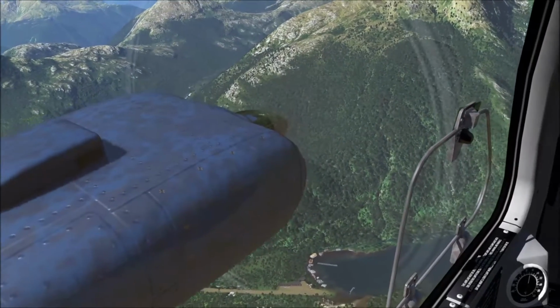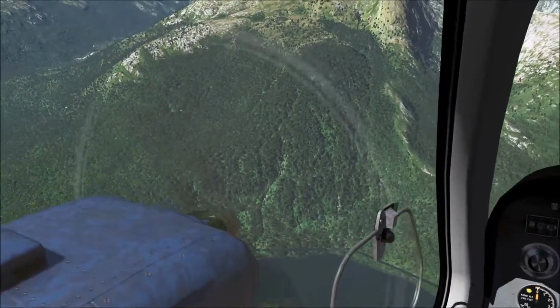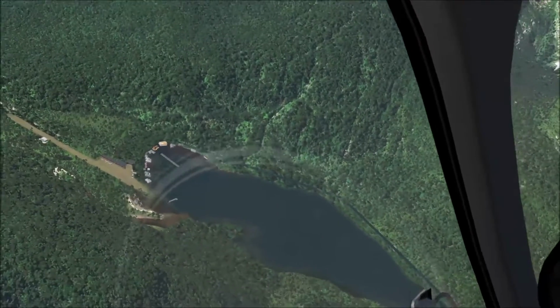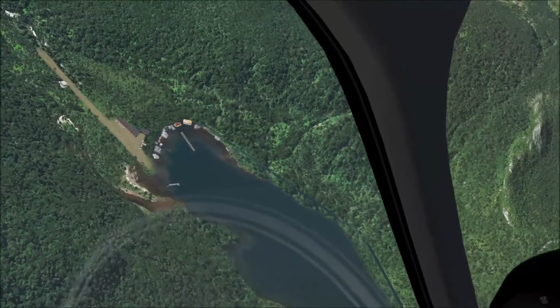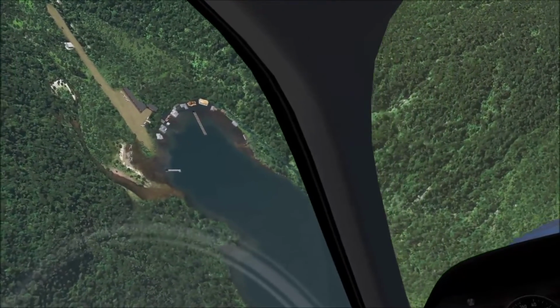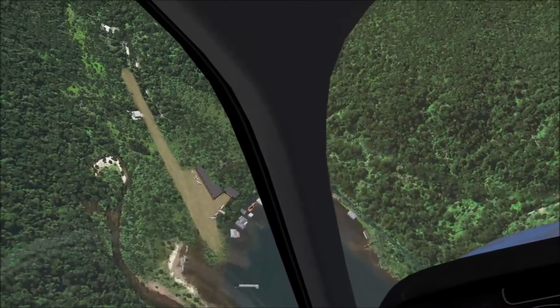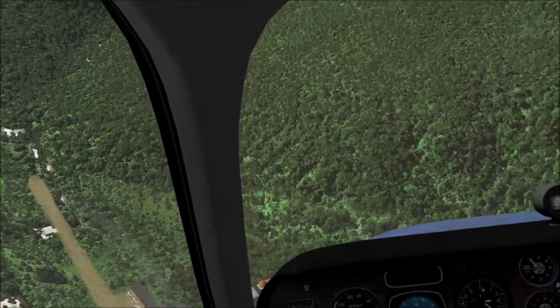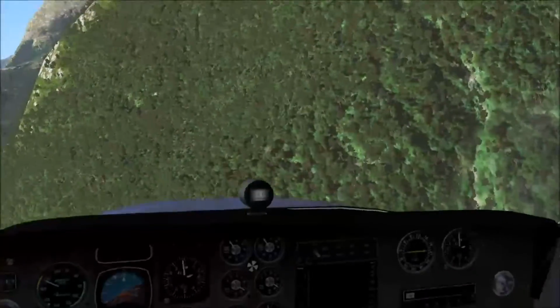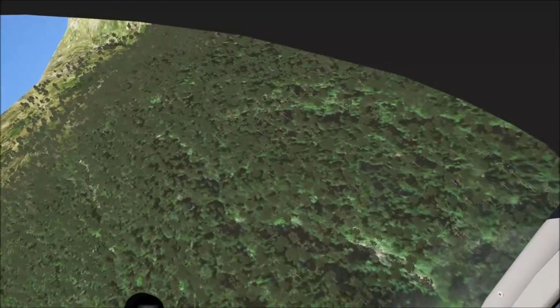Bit of land where those buildings are, and yeah, but if we take a nosedive and get closer to the water, that polygon should sink out of view.